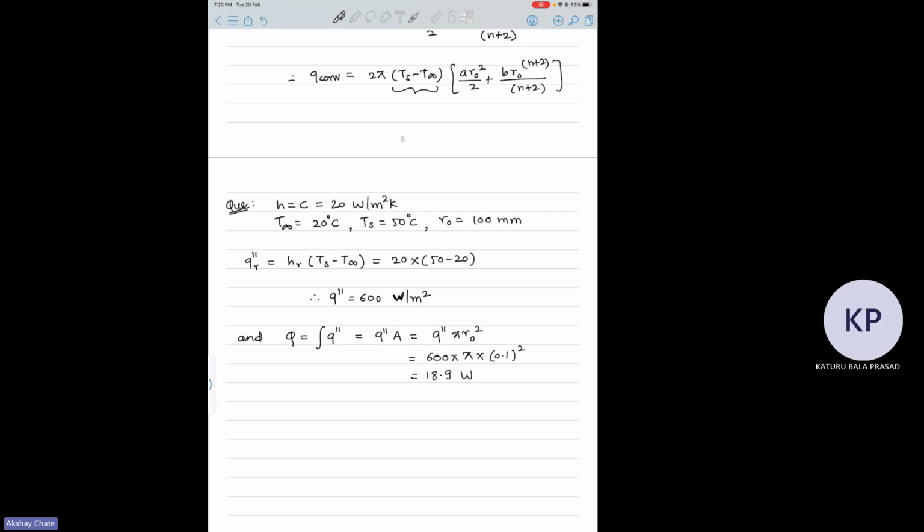Rho Cp u del T by del y is nothing but... they have not mentioned... del square T by del y square.